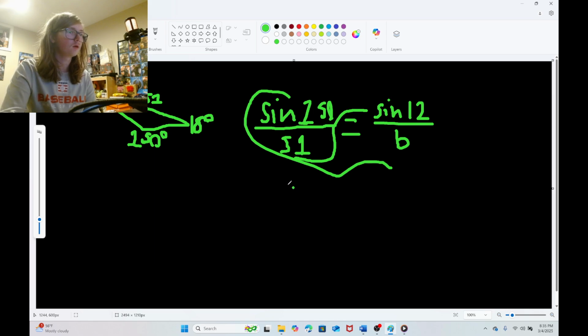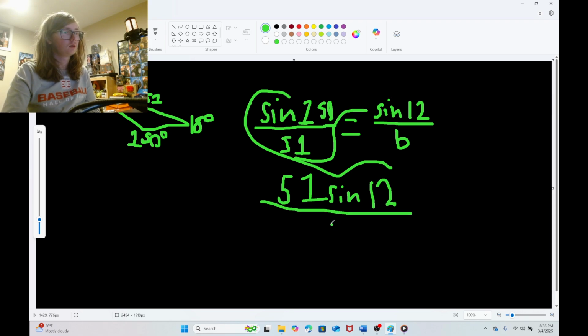So that'll go to 51 sine 12 divided by the sine of 150.